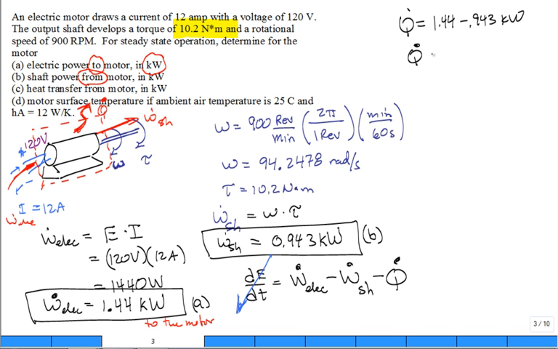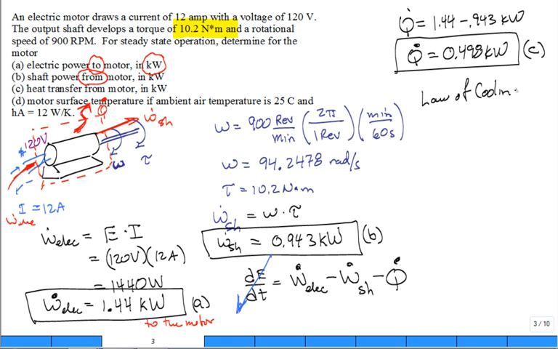Anyway, you come out with 0.498 kilowatts. And that's from the motor to the room. And that's the answer to part C. The motor surface temperature if the ambient air temperature is 25 degrees C. Well, we go back to our Newton's law of cooling.